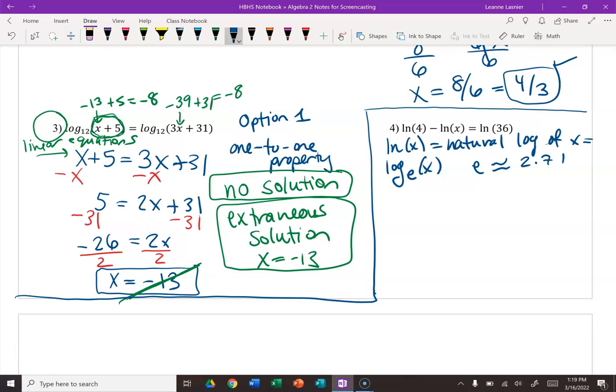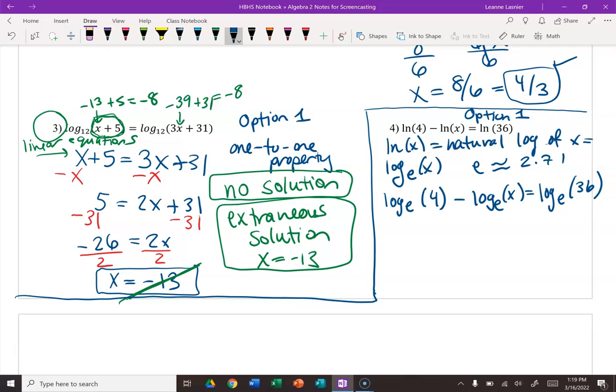So it may help you to rewrite each of these to remember that they are just logs like any other log. It's just an abbreviation because this log is used so much. It's the natural log, an abbreviation of a log base e. But it might help us see that every single term in this equation has a log. So this is an option 1 style problem.